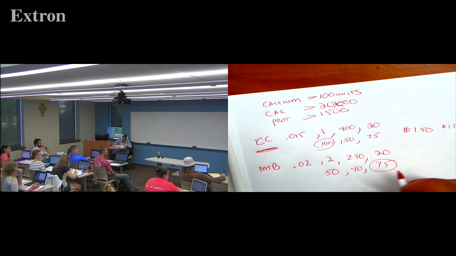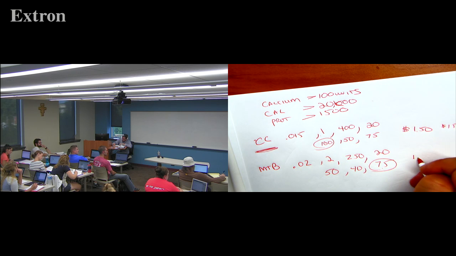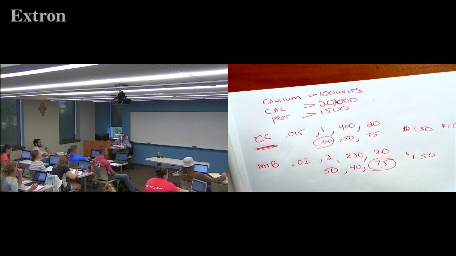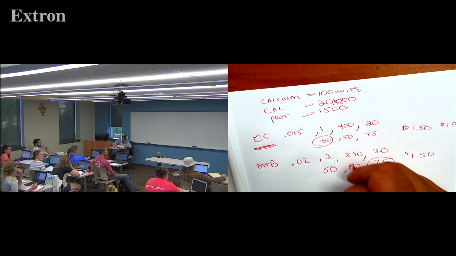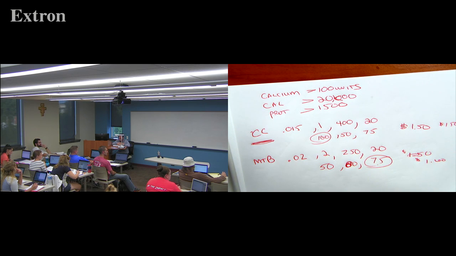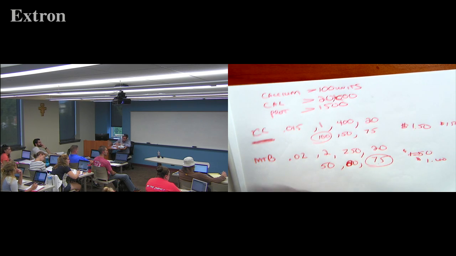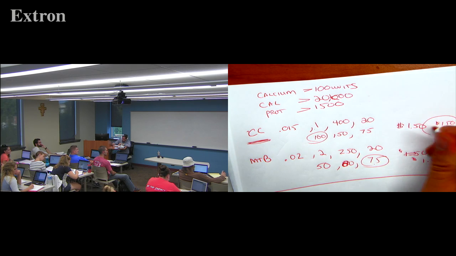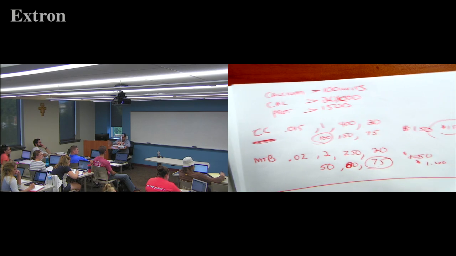So I need 75. 75 times 2, still $1.50, right? Is that what you guys got? Or did I screw something up? What part did I screw up? Oh, this is 80, right? Yeah, so 80 times 2, $1.60, or 160 per day. Okay. So that's our current options. It's either $150 a day or $160 a day.